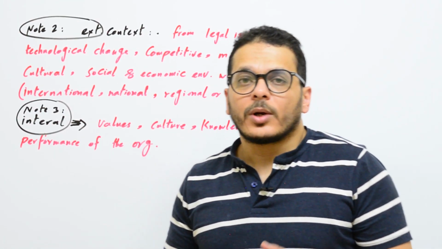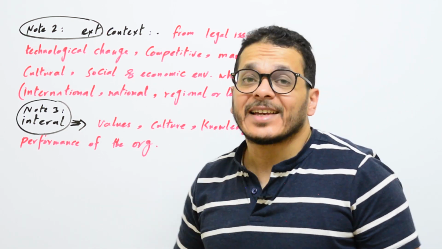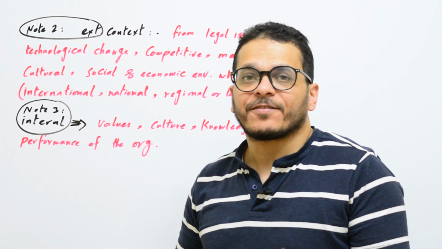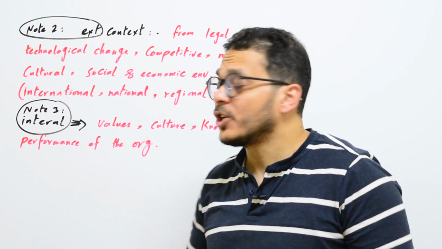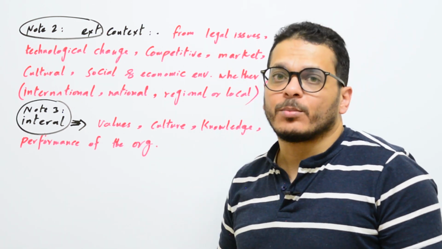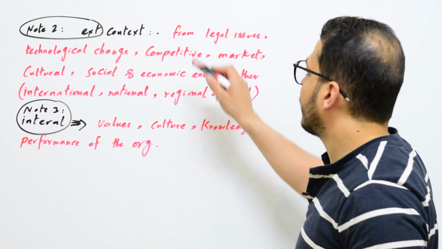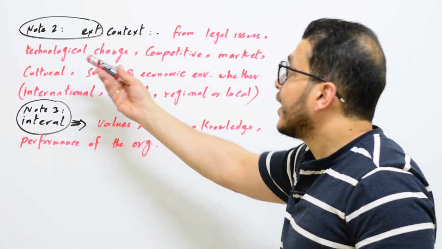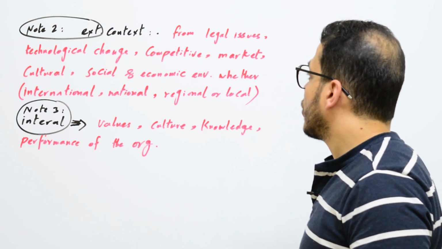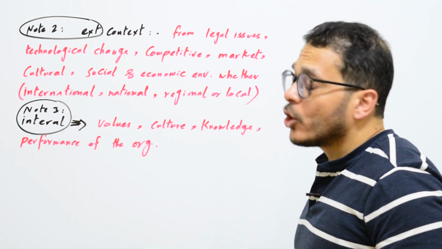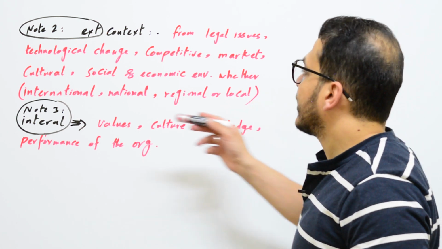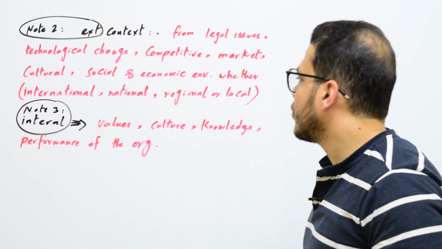And note 2 and note 3. Understanding the external context that may affect the organization's approach to develop and achieve their objectives can be facilitated by considering issues arising from legal issues, technological change, competitive market, cultural, social, and economic environment, whether international, national, regional, or local.